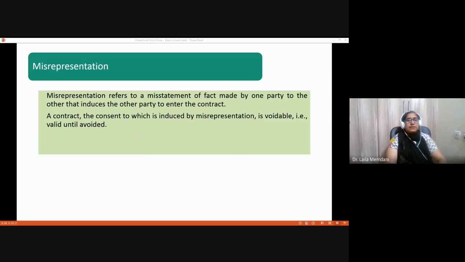But the party which has given the misstatement doesn't have any false intentions, doesn't have any intention to deceive the other party. That is, the person making the misrepresentation has done it innocently. I hope it makes sense to all of you.